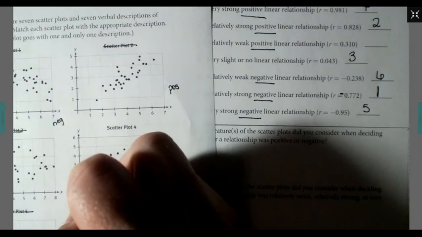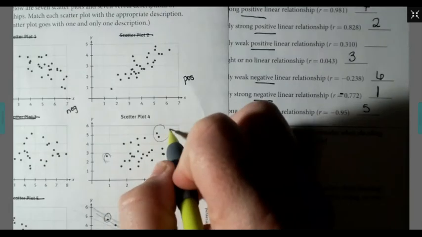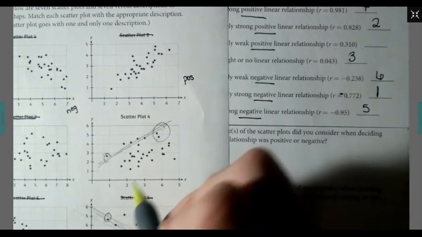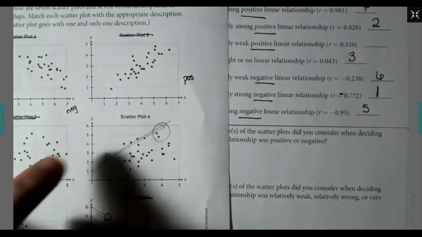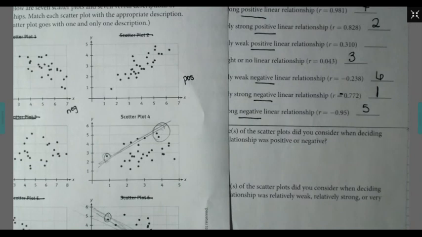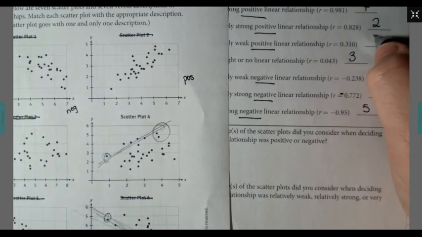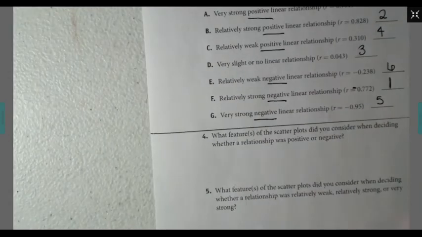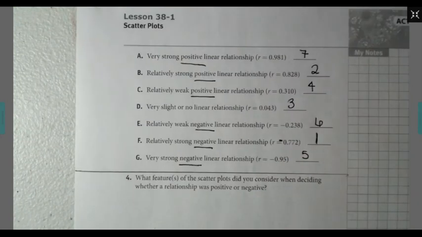We have some points here, and I have points that are up this way. So if I try to connect or go in that direction, it's more of an upward slant. So this would be scatter plot number 4. So on 3, I have the following: 7, 2, 4, 3, 6, 1, and 5. On to your debriefing question.